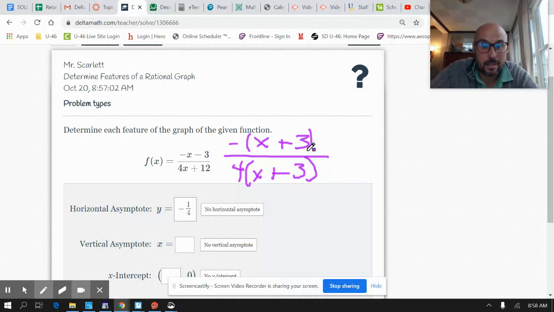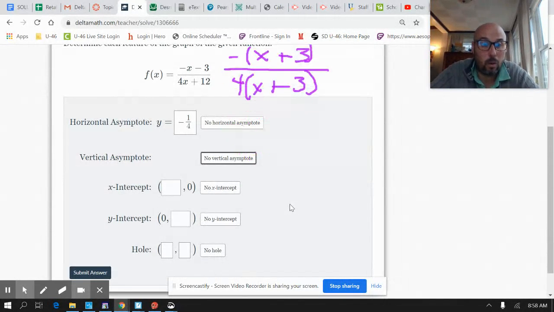So what does that tell us? Well, that tells us that there is no vertical asymptote because the one thing that makes you divide by 0, -3, happens to be a hole, a removable point of discontinuity. So x equals -3 is a hole, and that will go right here, -3.